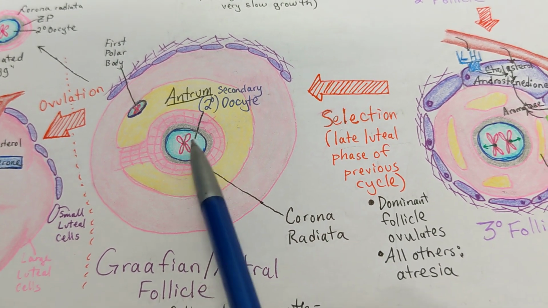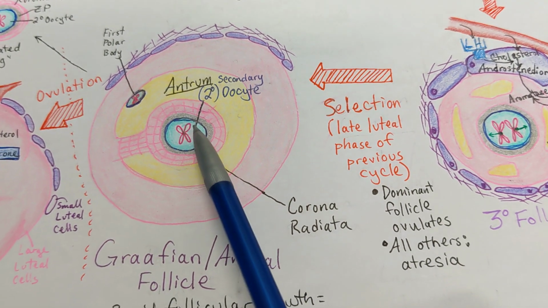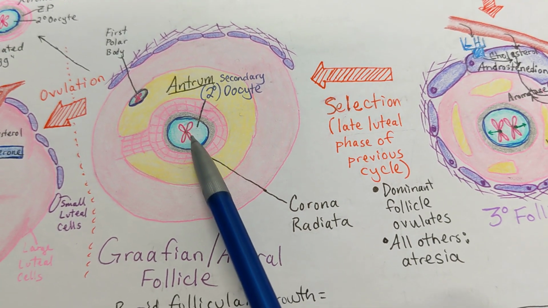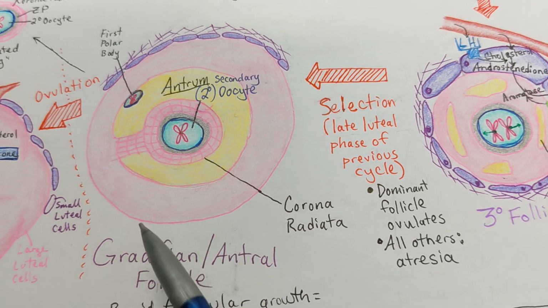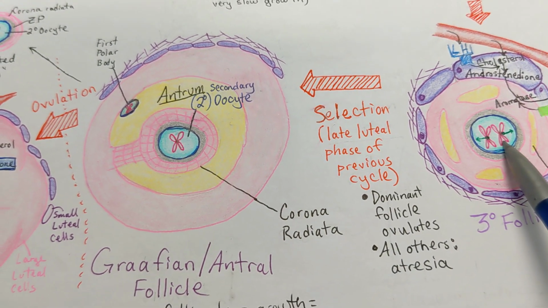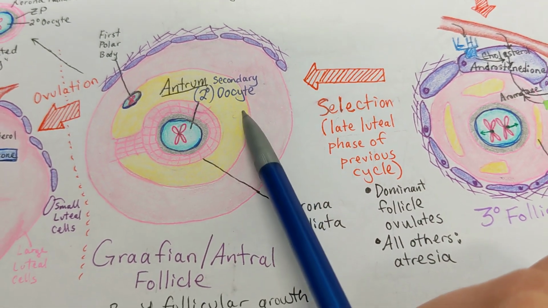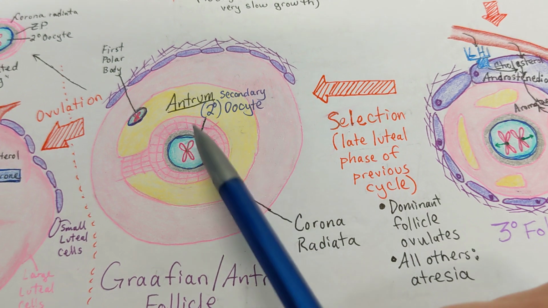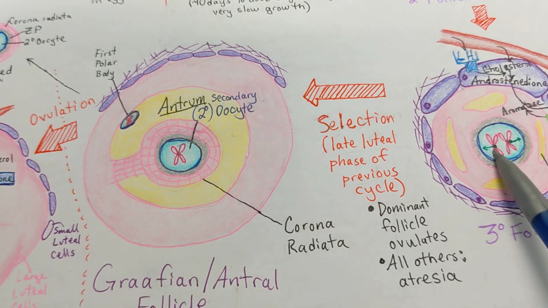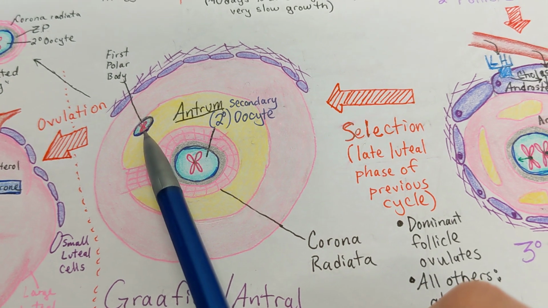Keep in mind that crossing over has already happened, so there's a little bit of mixing of DNA, but overall, this is a copy of this, so a pair of sister chromatids. Okay, so this pair ends up in this cell, which we now call a secondary oocyte because meiosis 1 is complete. The other pair of sister chromatids is pulled into something called the first polar body.